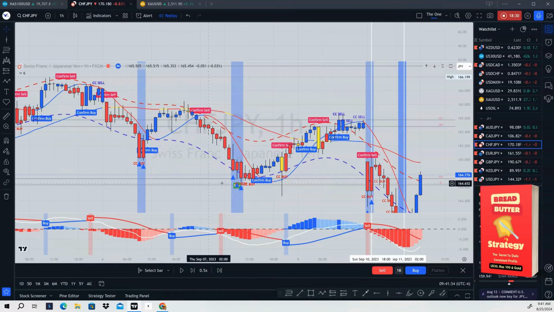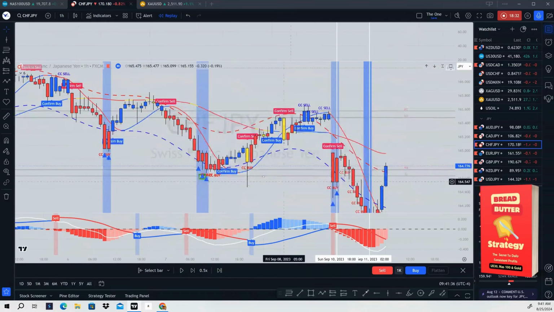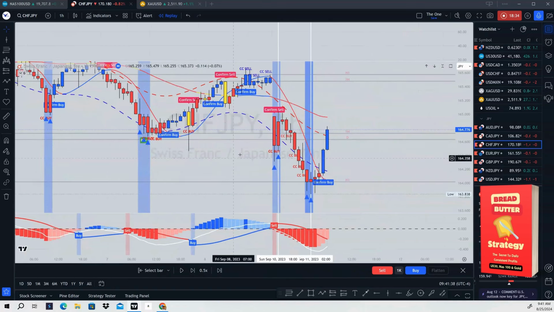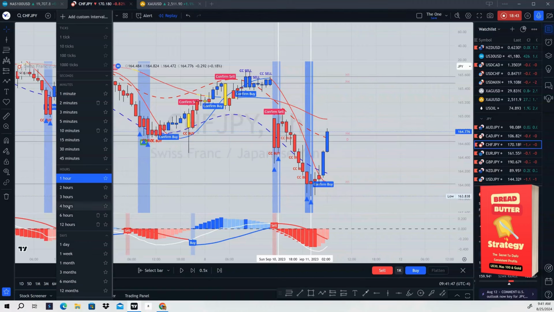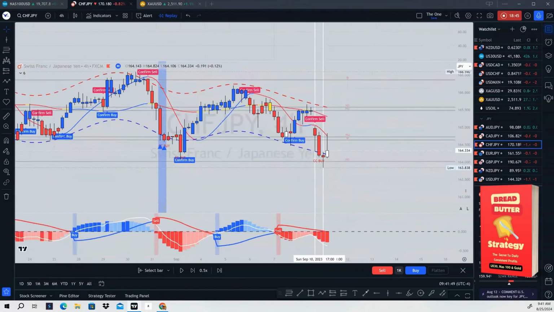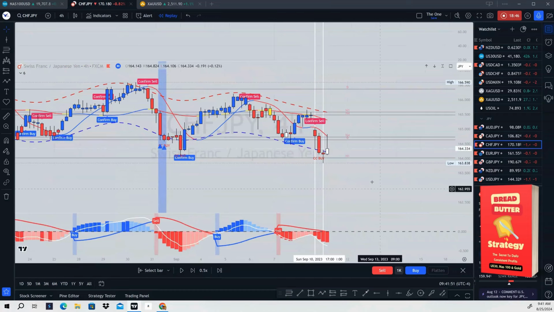So if you want to know if you're going to get a good pullback or if it's going to work out or not, what you want to do is, once you get a high probability spike, you can always go up a time frame. Let's go to a 4-hour time frame and see if you have the same exact high probability spike. So we do not have a high probability spike as we had on the 1 hour time frame. Okay, 4-hour time frame is still showing bearish activity.